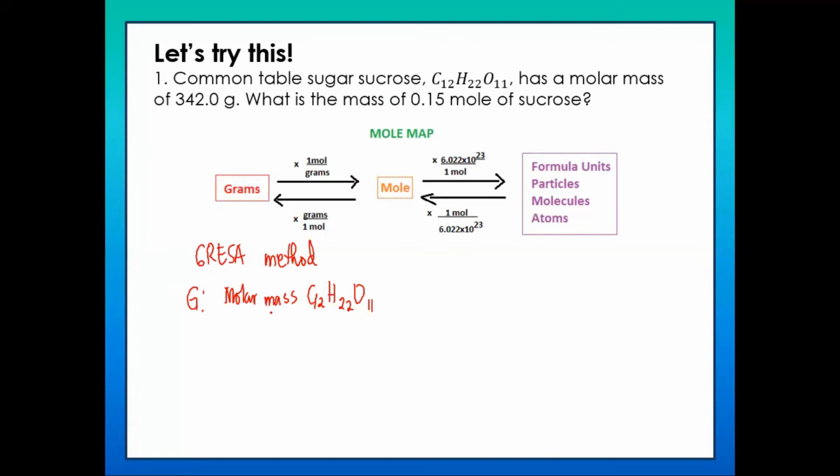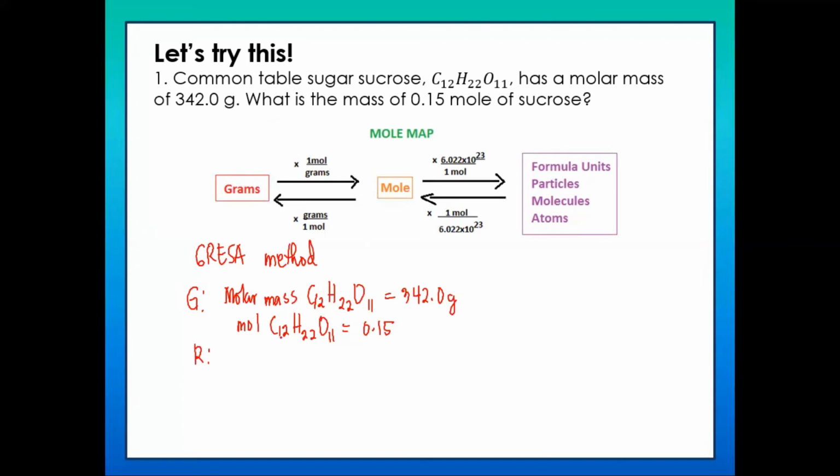So hopefully nasusundan pa rin yung tinuro ni Sir kanina. So that value is 342.0 grams. And our mole value for our C sub 12 H sub 22 O sub 11 is 0.15. Okay, and we are asked to compute for the mass.